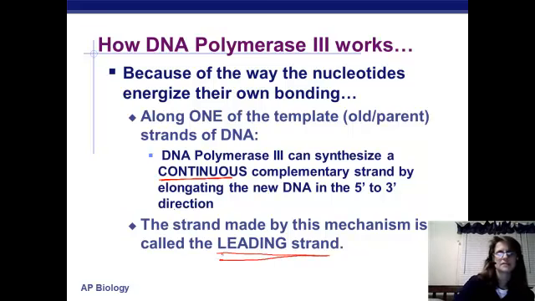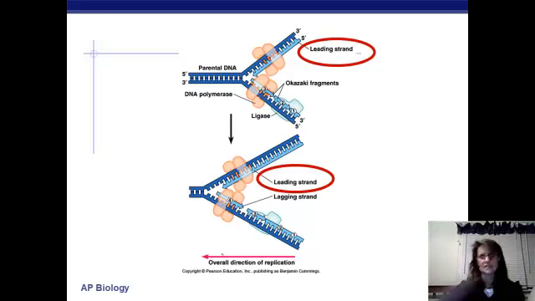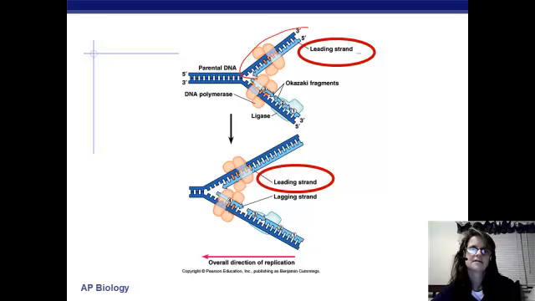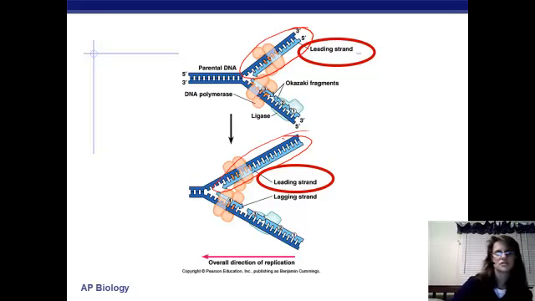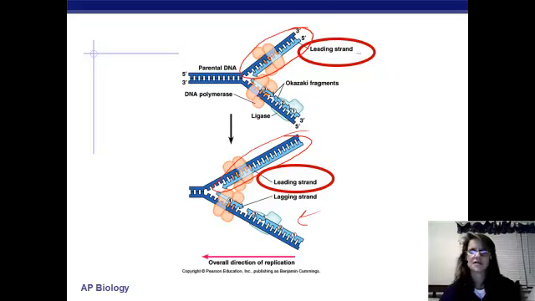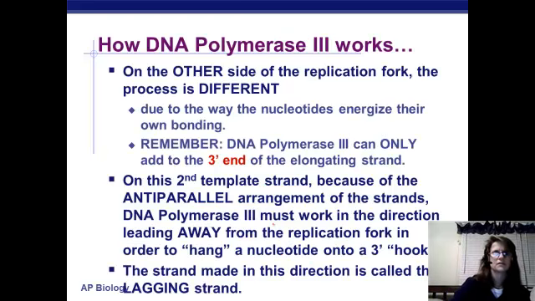We'll see why in a minute, but it's continuous because it all happens very smoothly. So what we're looking at here is this side of the replication fork, the leading or continuous strand of DNA, but we have to do the other side, which is going to be a little difficult.